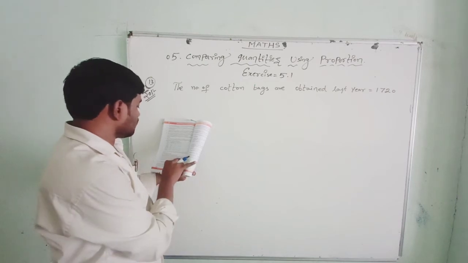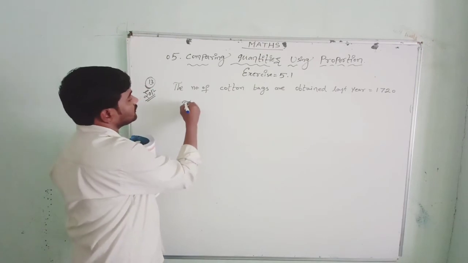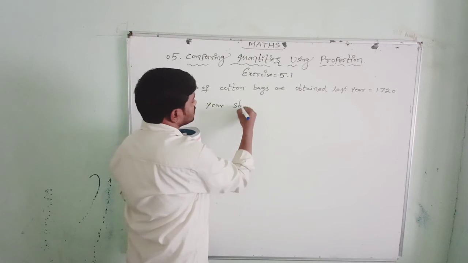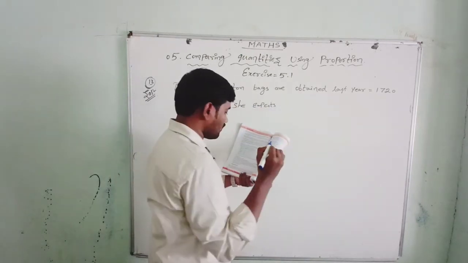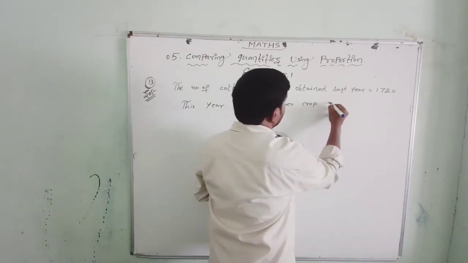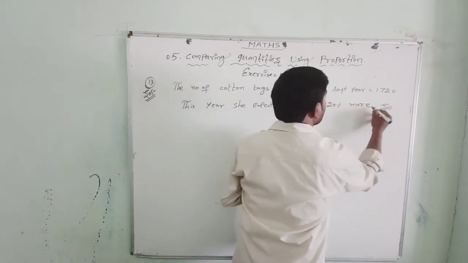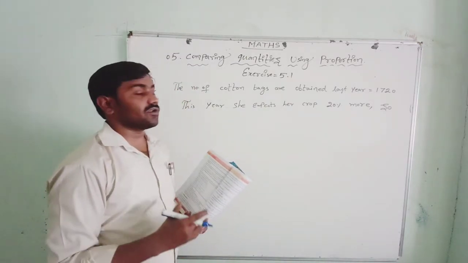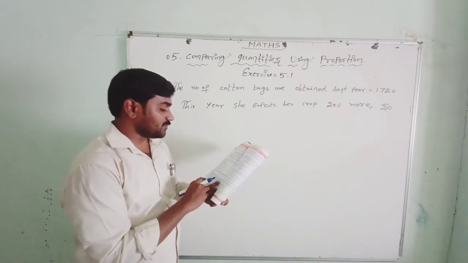Now this year she expects her crop 20% more. So if she expects 20% more crop, then what will be her total number of crop bags? That means how many bags of cotton does she expect this year?